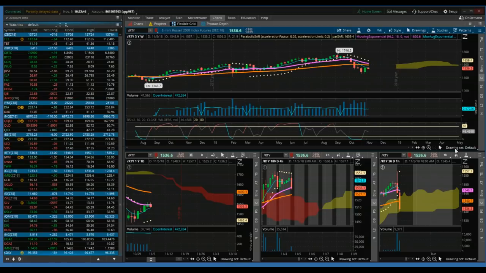Now, the pros and the cons of buying options that are further out as far as expiration is concerned. The pro is obviously you're going to have more time. You're going to have a whole lot more time to make your decision.